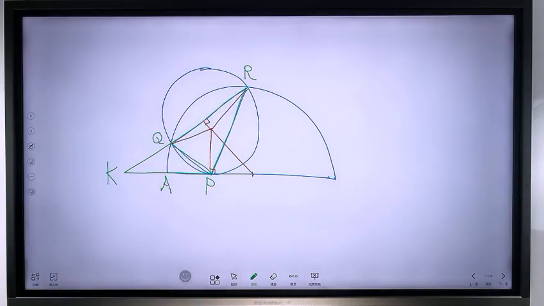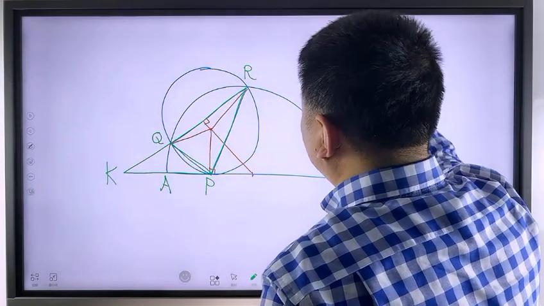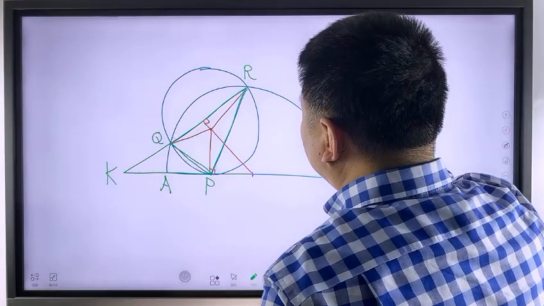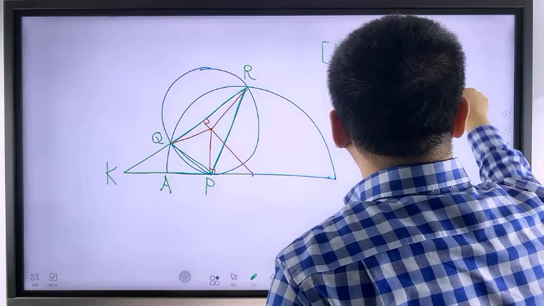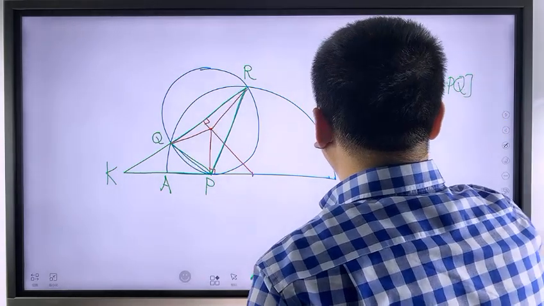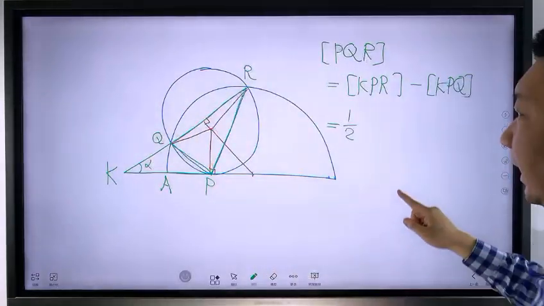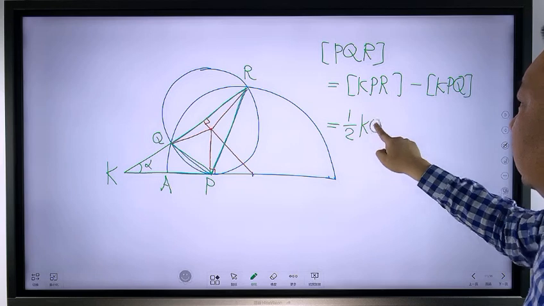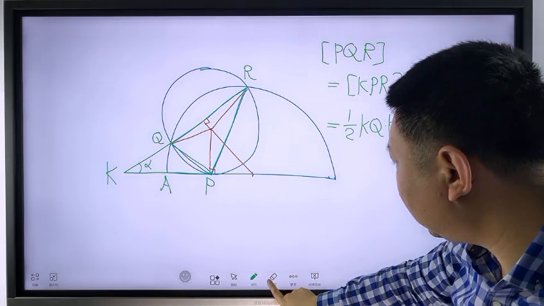It can be written as the difference of two areas. The area of PQR is the area of KPR minus the area of KPQ, and then for each area we can use the law of sines to express it as, this would be KR.